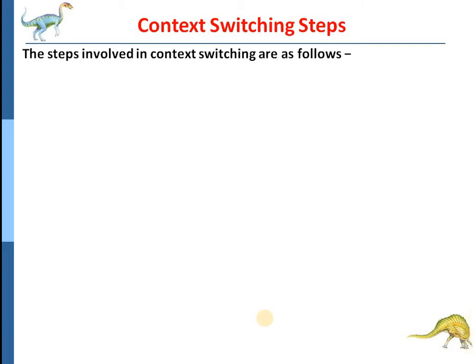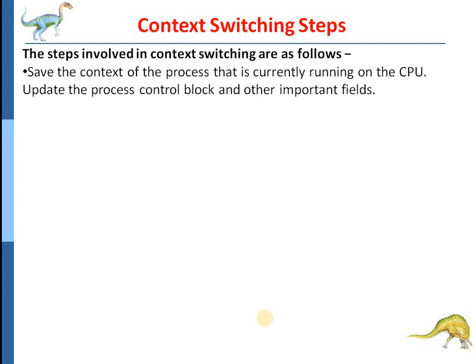Now we will see the steps of context switching. First, save the context of the process that is currently running on the CPU. Update the PCB, that is the process control block, and other important fields. Means what? More than one process is being executed.